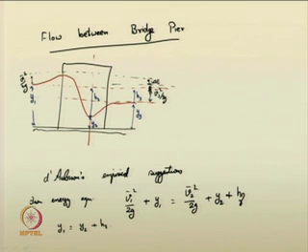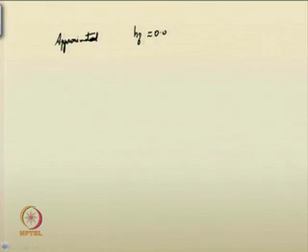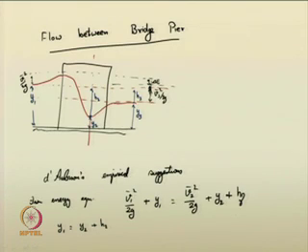So, Dobson's method: what he suggested is that he approximated there is no frictional loss, h f approximately equal to 0. Recall the previous equation. h f is head loss due to friction.